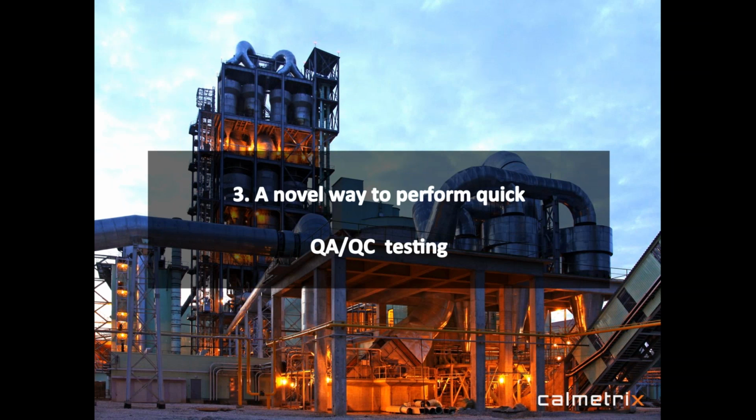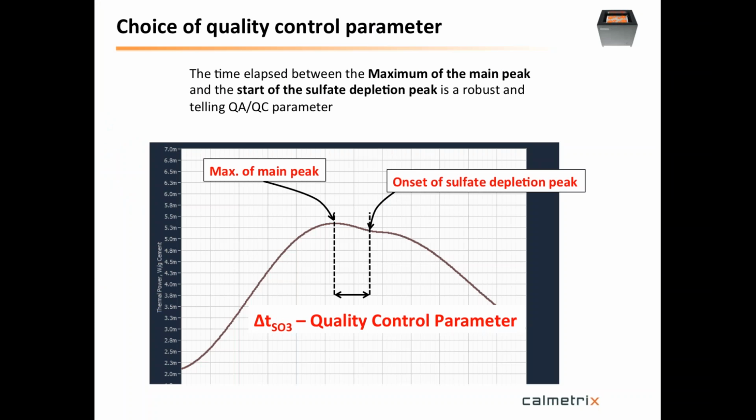So we looked at our calorimetry curve, and we said, there's more you can take out of that. There's an important parameter when you look at it. We thought about it as the distance in time, the period in time that goes from the maximum of the main peak of hydration to the onset of the sulfate depletion peak. So not the maximum of the sulfate depletion peak, that's where it starts, right?